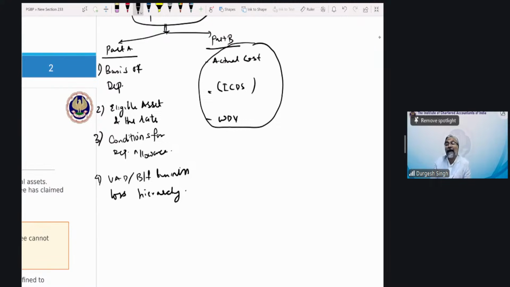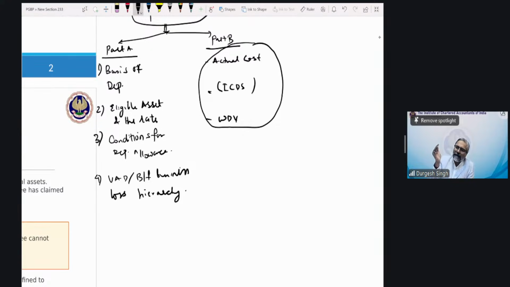And towards the end of the last lecture, students, please recall, I told you that the single asset use test is relevant only in respect of a newly acquired asset. What does it mean?